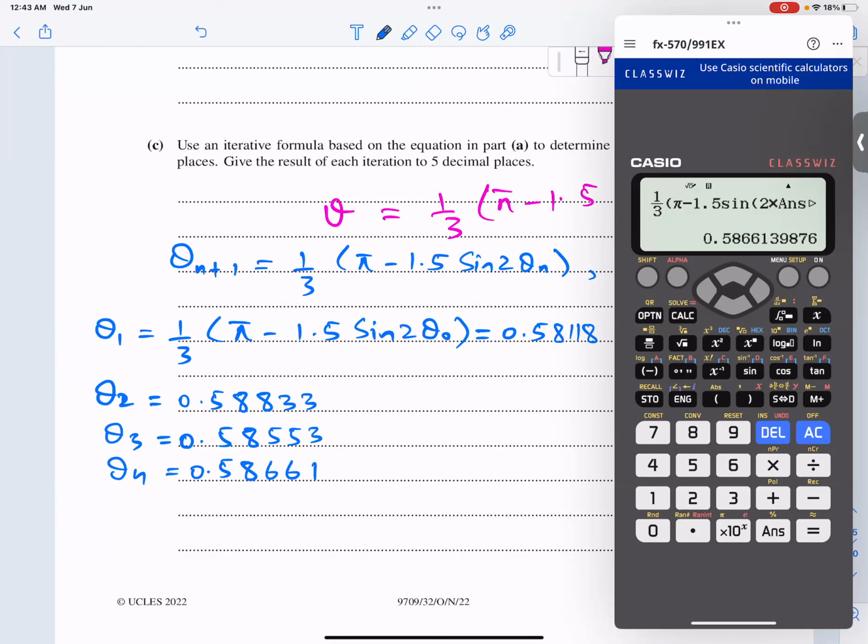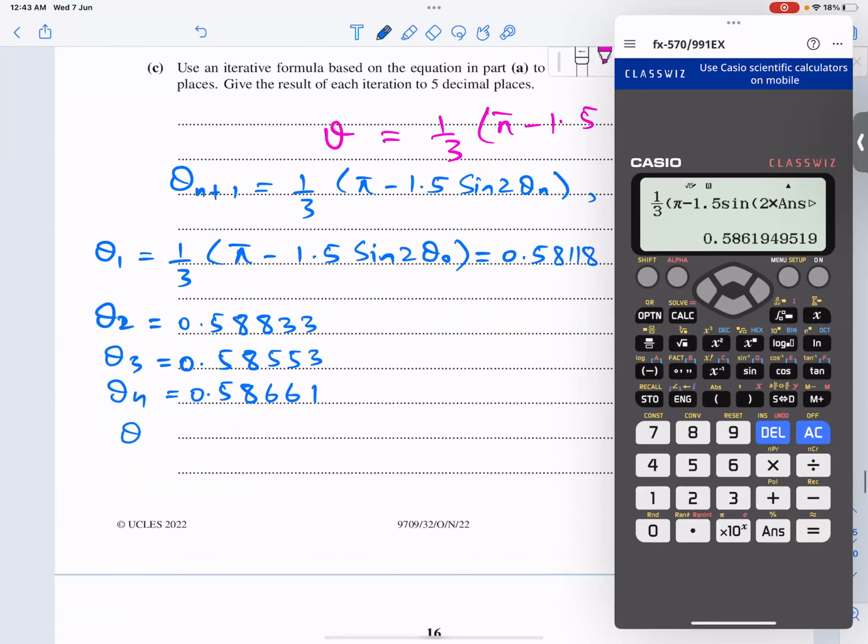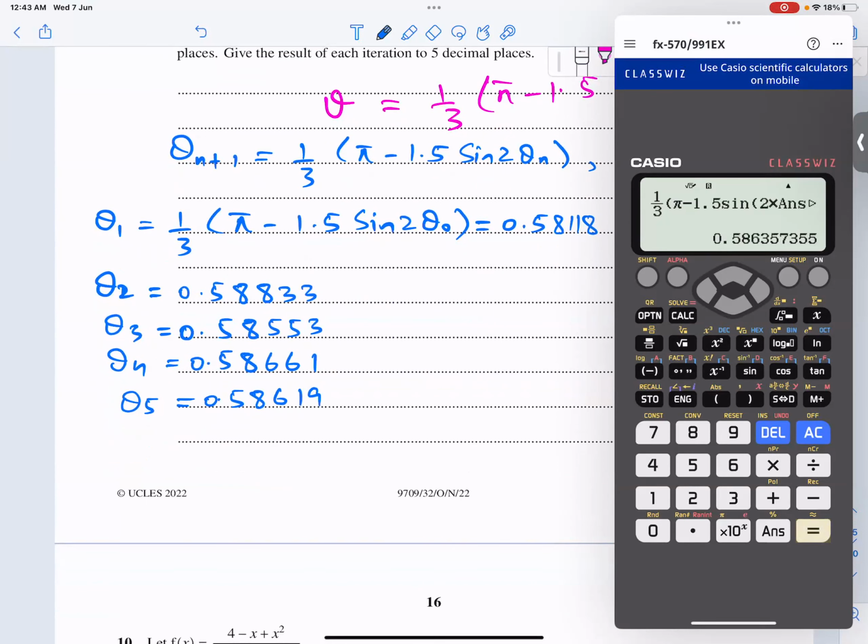Then again press equals. You will get theta 5 equal to 0.58619. And then press equals again. This will be theta 6 equal to 0.58635.